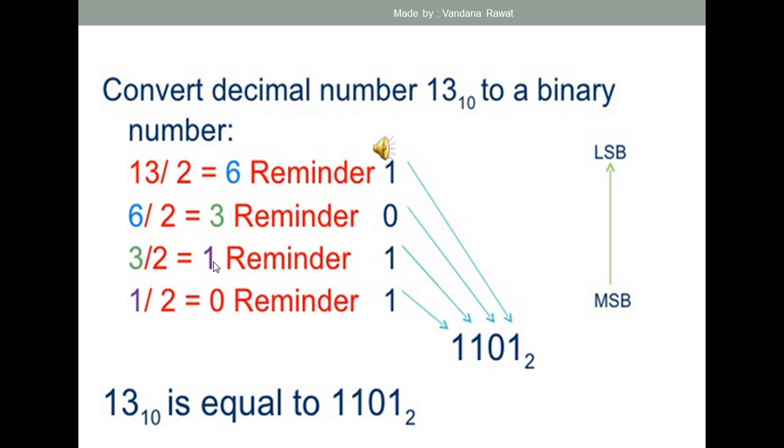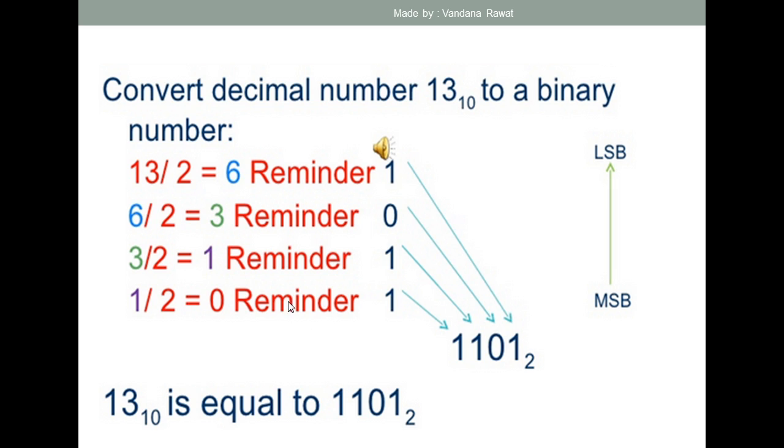Then 1 is the remainder in the previous step. So 1 divided by 2, whatever you are getting, that is 0. So that means you can write it 1 here.